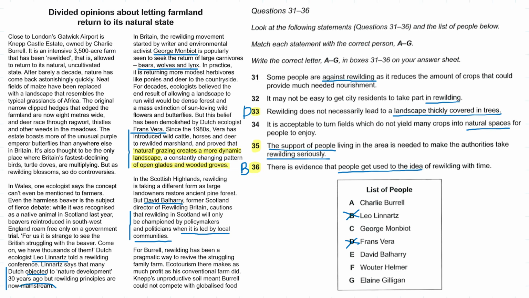So authorities are policymakers and politicians, and support of people living in the area is led by local communities. So that's our answer, 35E. And again, we cross him out. So we're only looking at part of the task, but you continue this way. And then once you're finished, you return to any statements you couldn't match the first time round and try to find where the answer is.